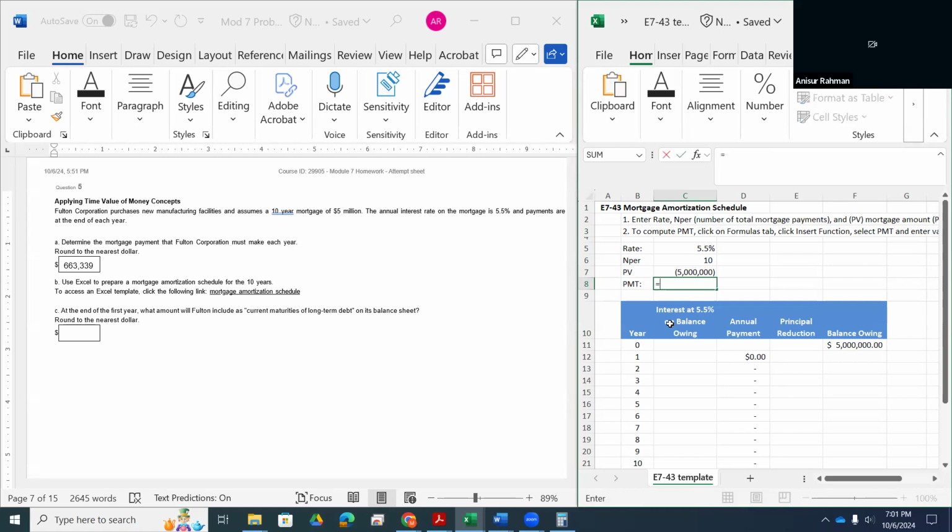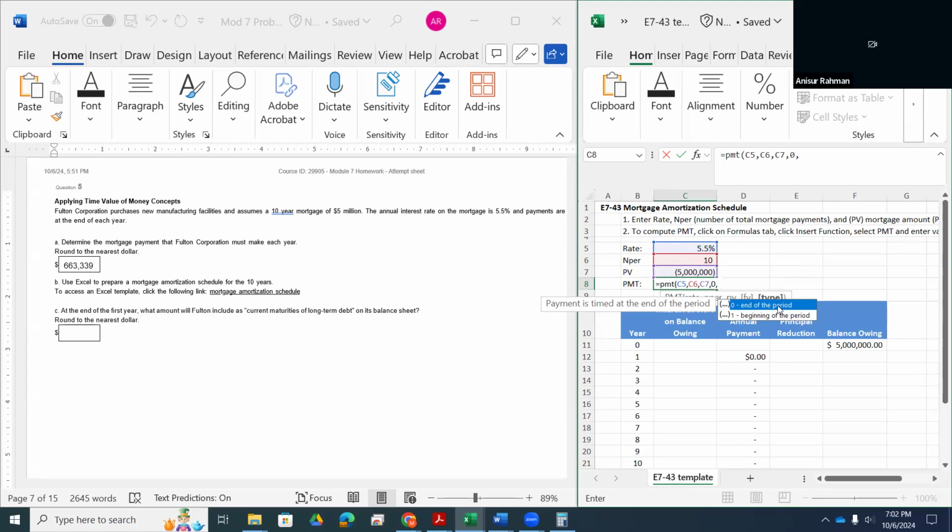So PMT. So this rate, I'll select this cell, followed by comma, nper this, present value this, future value will be 0 because this company wants to pay off the entire loan, comma. Now, there are two options, 0 and 1. 0 is for the end of the period.